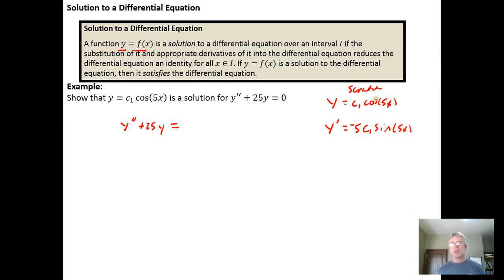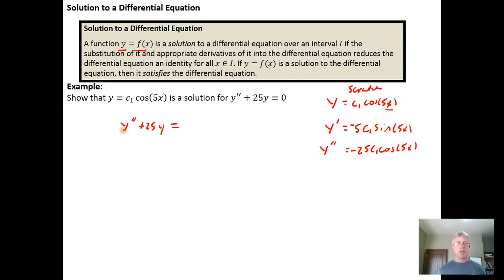Again, we take the derivative of cosine of 5x, which is negative sine of 5x, and then the chain rule says that we need to take the derivative of the inside, which is a 5, so we'll get this. And then we take the second derivative, y double prime. So with the chain rule, the derivative of 5x is 5, so we're going to get a negative 25 c sub 1, and the derivative of sine is cosine of 5x. So here's the first and second derivative of the proposed solution.